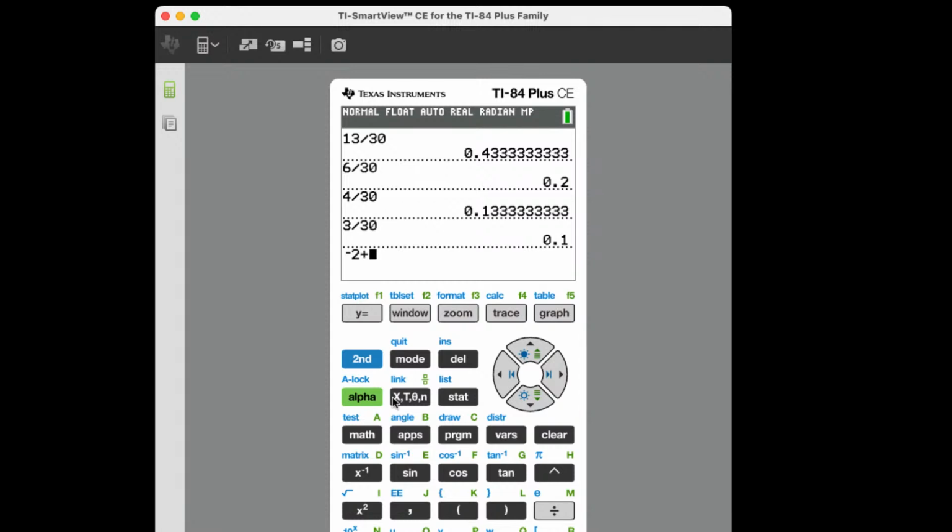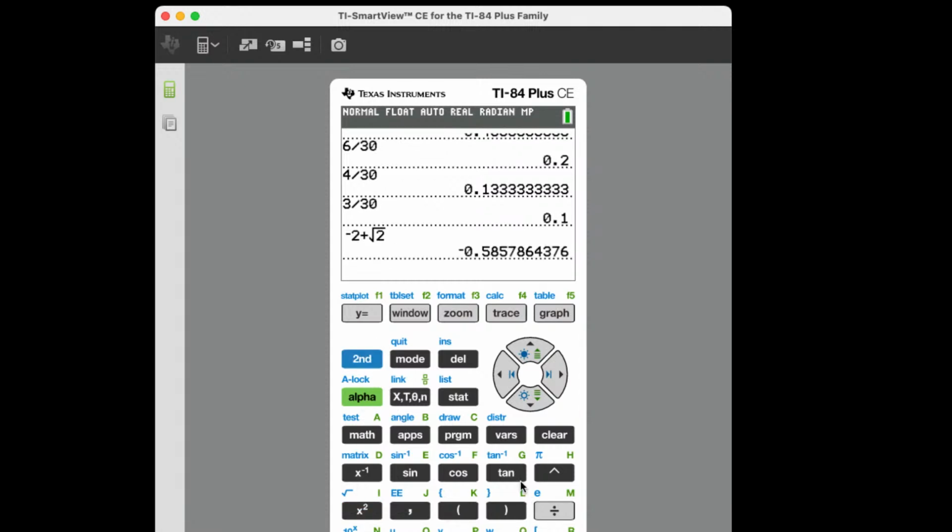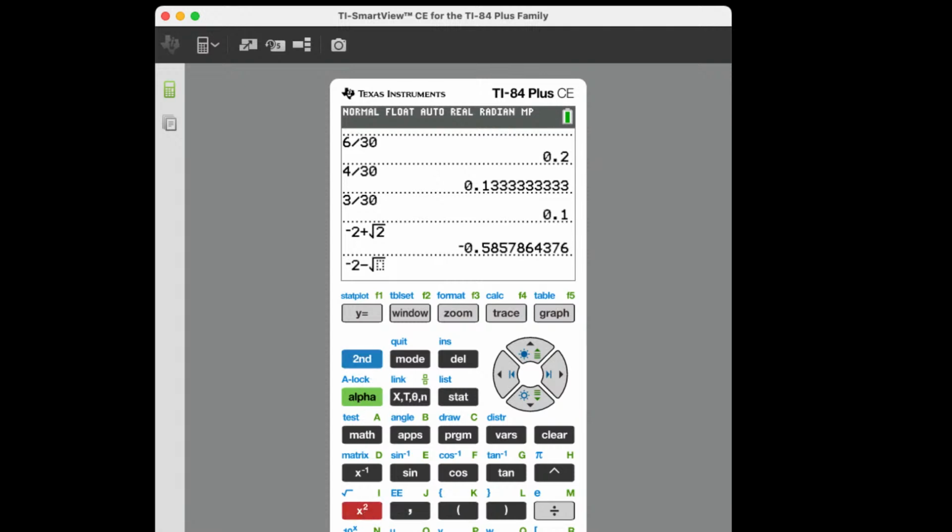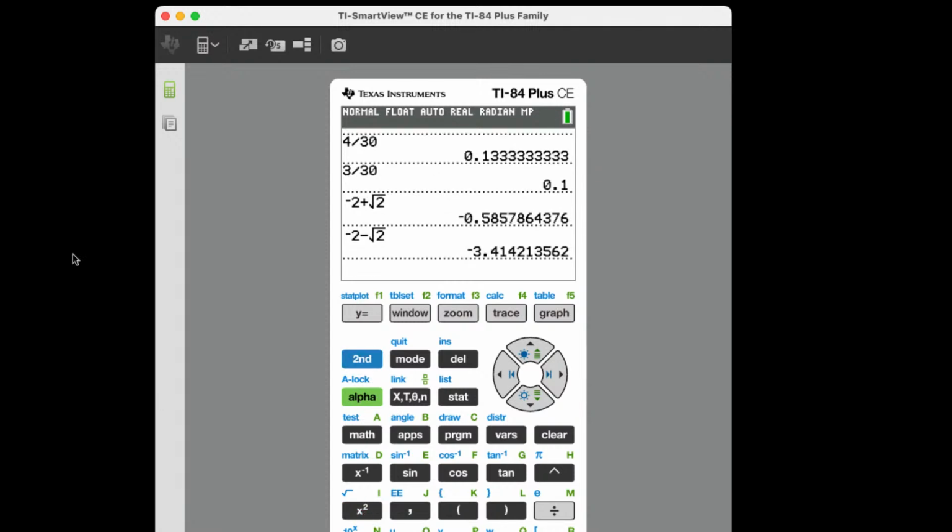Negative 2 plus the square root of 2, I'm going to go to the tenths: negative 0.6. And this will be negative 2 minus the square root of 2: negative 3.4.